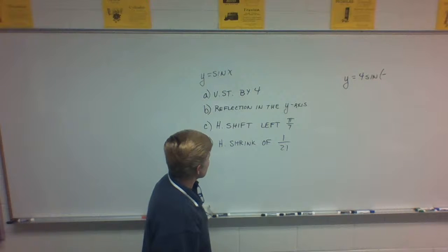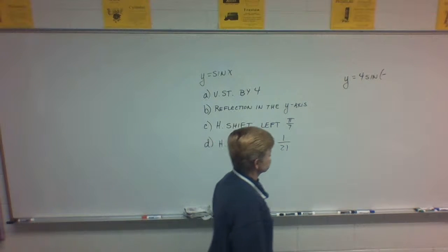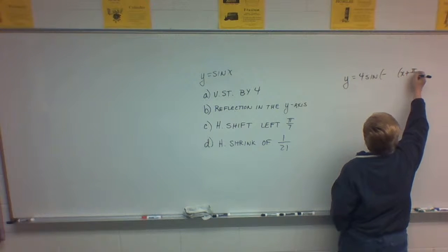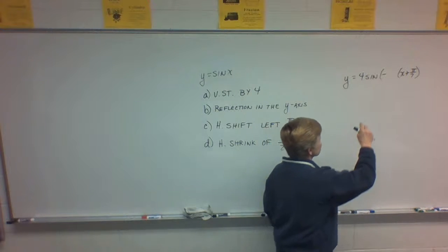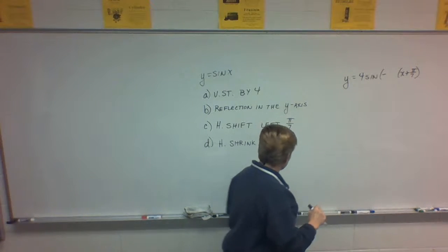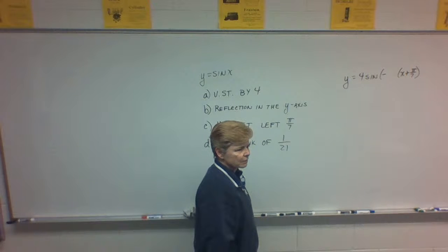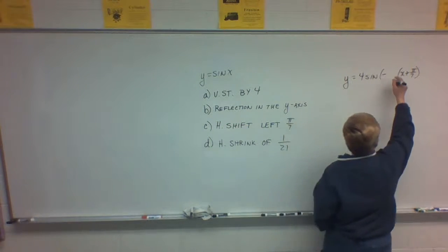Horizontal shift left pi sevenths. No, it'd be minus. Oh, then it'd be plus, yeah. And I'm leaving a space here because I've also got a horizontal shrink, which is going to go with that negative sign. 21. Horizontal shrink, it's going to be 21 in here.